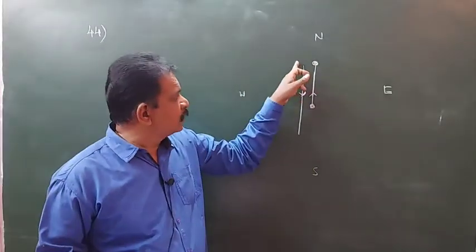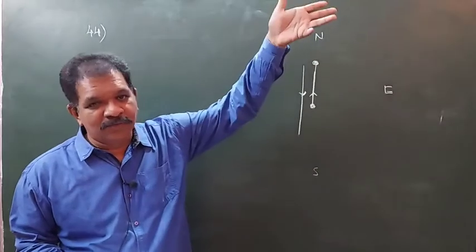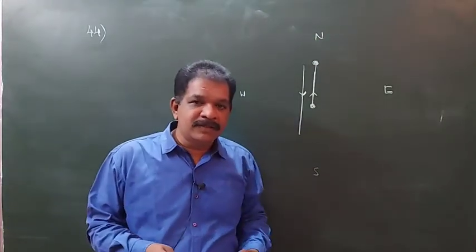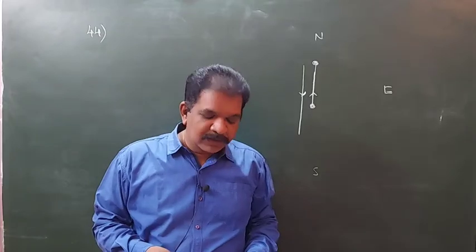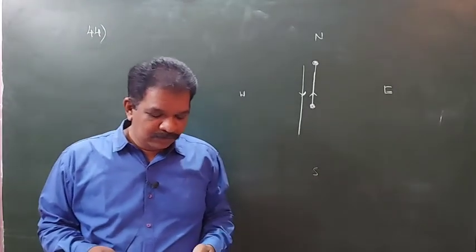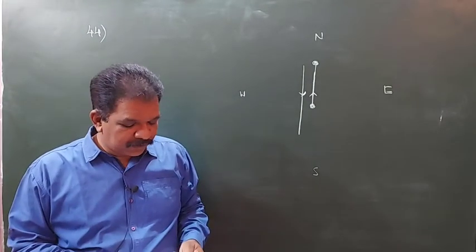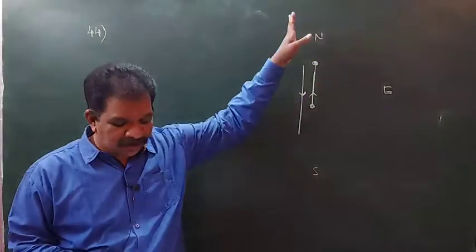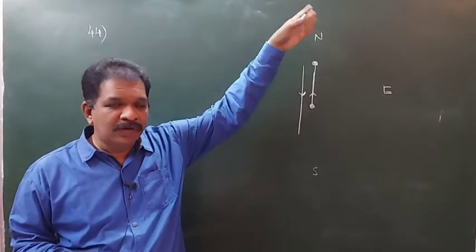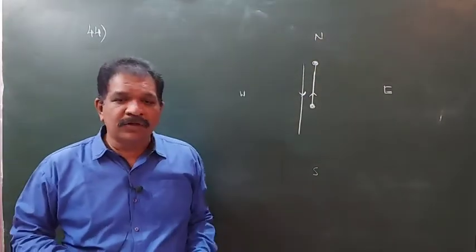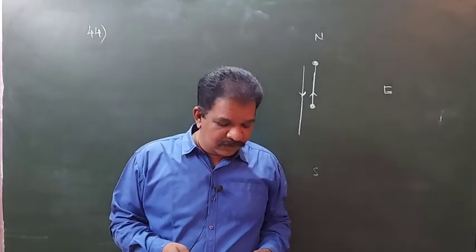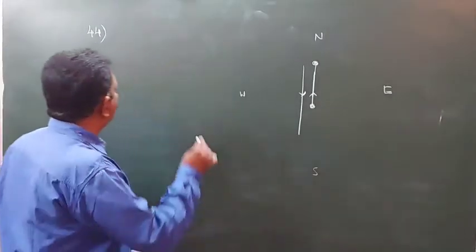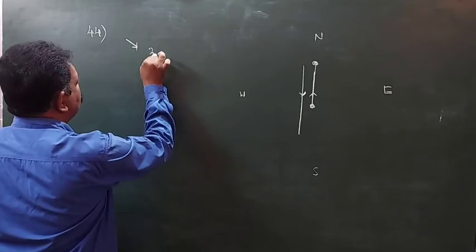They said the second option is moving in the same direction. No, because the propeller direction is changed. It will move in the reverse direction. The third option will be correct. Fourth option, it never stops and it is moving slowly forever in the forward direction only. That is also wrong. So 44 will be the third option.